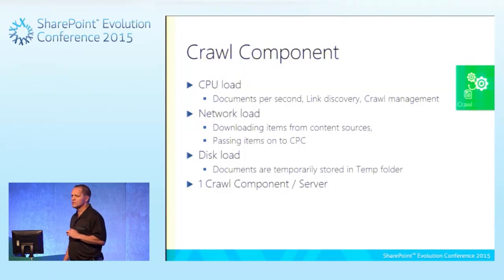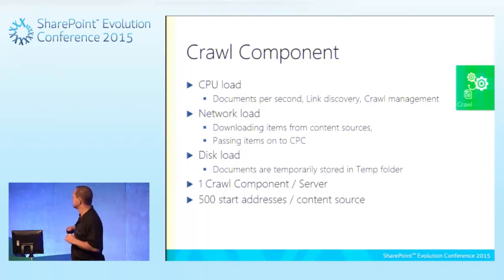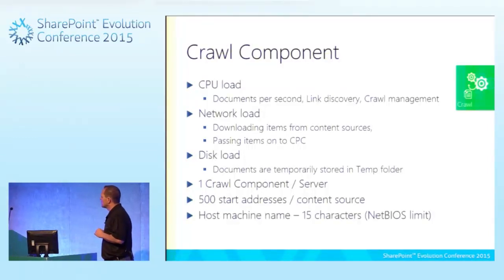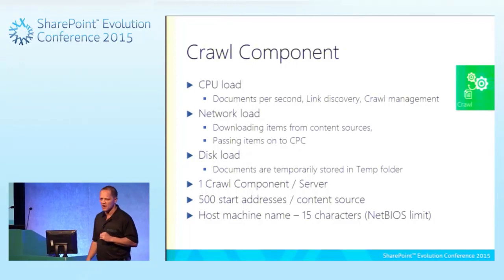And you can only have one crawl component per server. Notice, not per farm, per server. You're allowed 500 start addresses or content sources. And you are limited to 15 characters for the host name. Please don't give your server names these massive long names. Stick to the NetBIOS names.